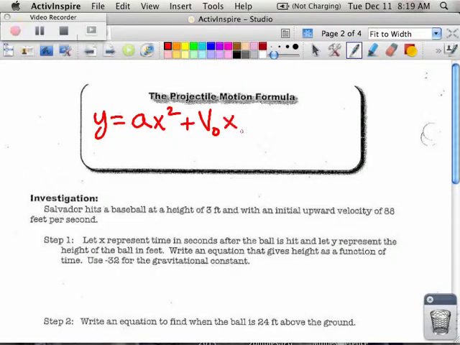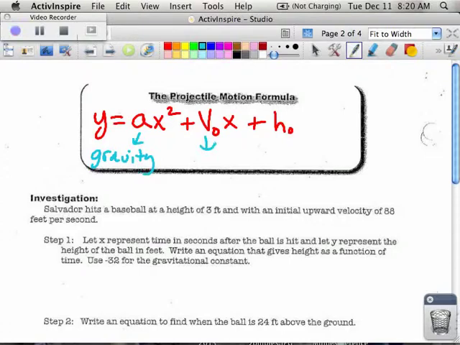So we write down a b, like when we generally talk about things. This v0 means the velocity at time 0. And then, in the end, instead of writing down a c, they do plus h0, which means the height at time 0. So this a is actually gravity, and I'll talk about that in a second.